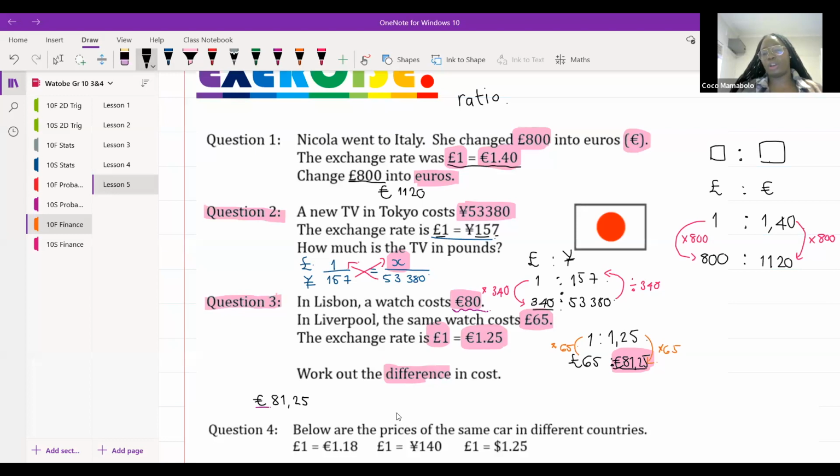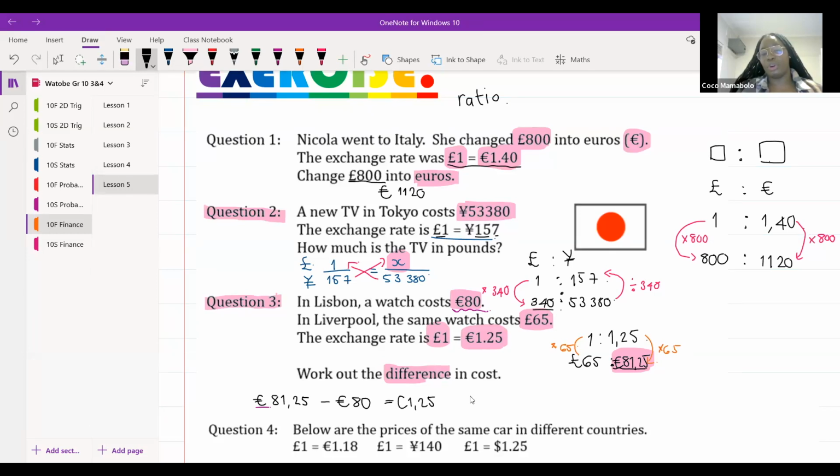All right, so now I've got 81.25. I need to minus from this. What is the other euro amount? It was 80, ma'am, that they gave us. 80. Excellent. So what is my difference between the two? The difference is going to be 1.25.